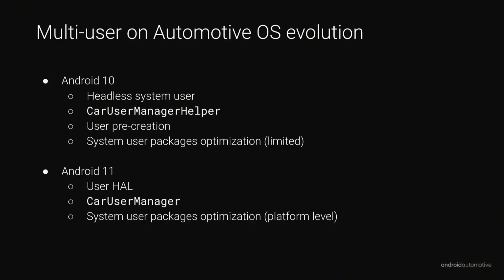We also added a class called CarUserManagerHelper that makes it easier to use the existing user manager APIs. And we added some new features to help the performance as well. I'm not going to spoil them because we'll talk about them in a few slides. And on Android 11, we also added new features, which is what we're going to talk about next.